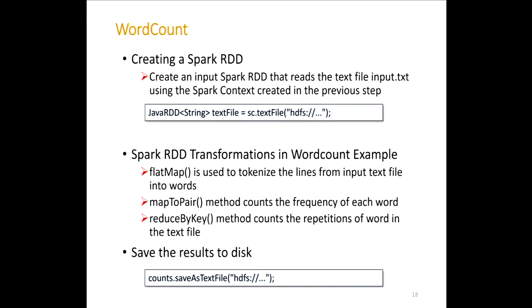And then you start with the transformation. What you are going to apply on this RDD? First thing, do flat map, so tokenize all the words. Create a huge list of all the words. And then map to pair, create pairs of each of the words with a hard-coded value, and then reduce and so forth.